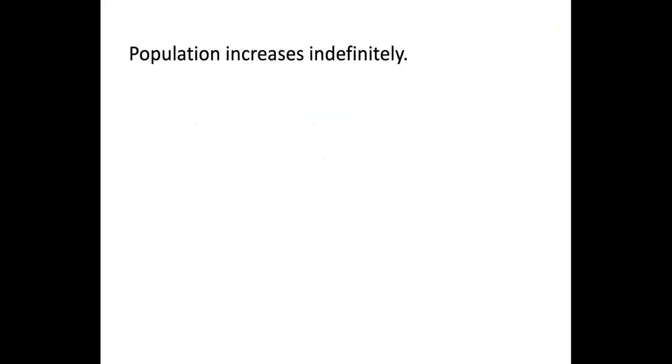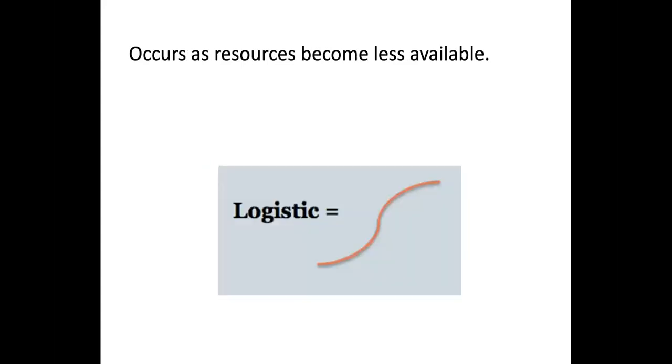All right, tell me exponential or logistic. Population increases indefinitely. Exponential. Population increases rapidly at first and then it flattens out. Logistic, that's right. Occurs as resources become less available. Occurs under ideal conditions.